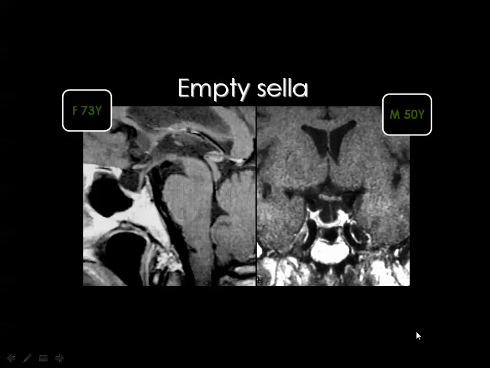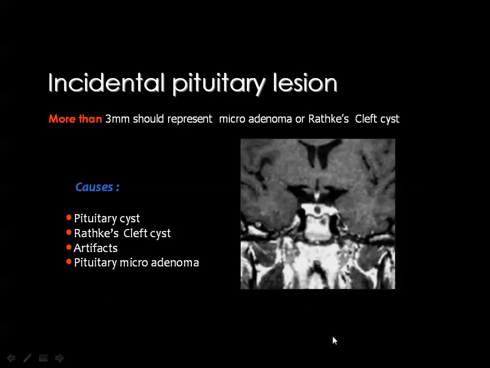And this is also another example. In the sagittal image, you see the infundibular stalk going deep inside the Sella, and also in the coronal image, the Sella is mostly filled with CSF.